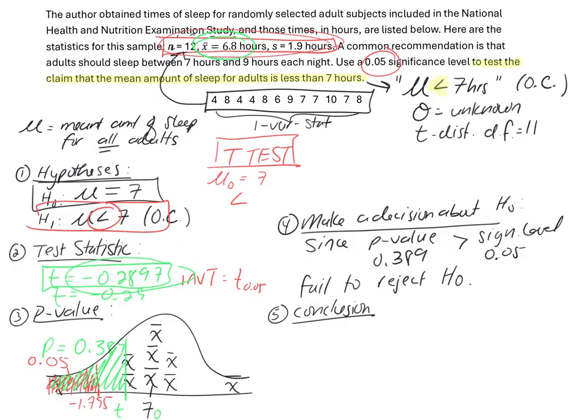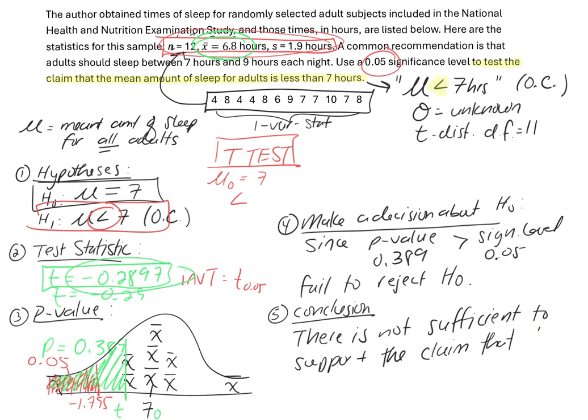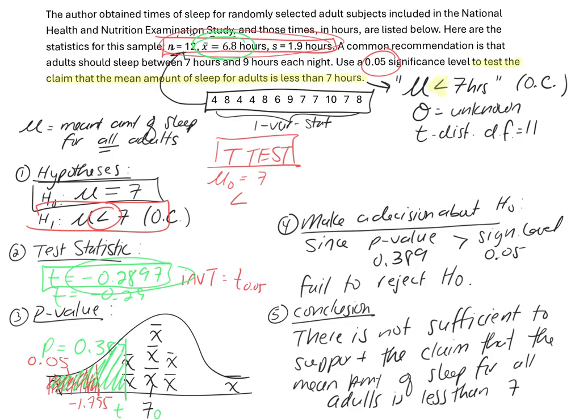So let's write our final conclusion that addresses the original claim. Here we would say that there is not sufficient evidence to support the claim that the mean amount of sleep for all adults is less than 7 hours.